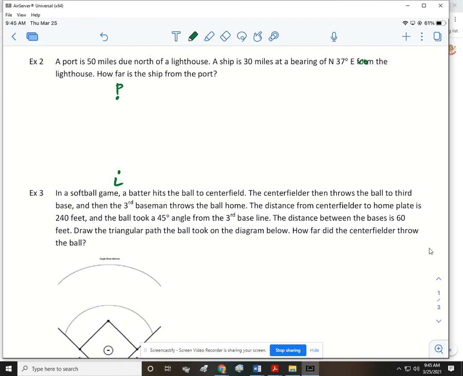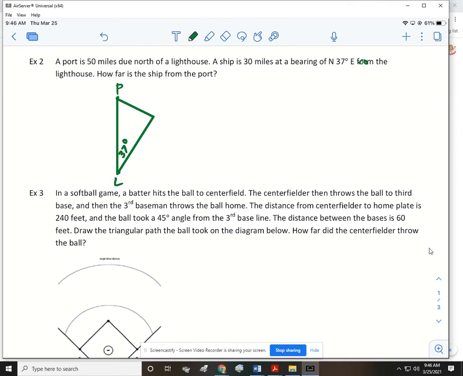Then the ship is at a bearing of north 37 degrees east from the lighthouse. If I connect those, it should make a vertical line. From the north, where the port is, we rotate 37 degrees toward the east, and we'll say that is 37 degrees.